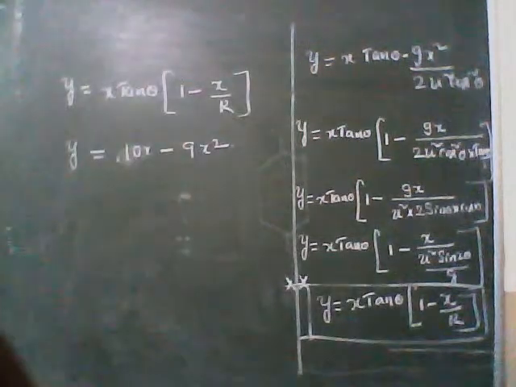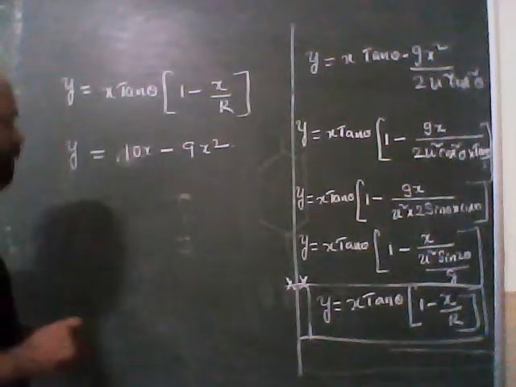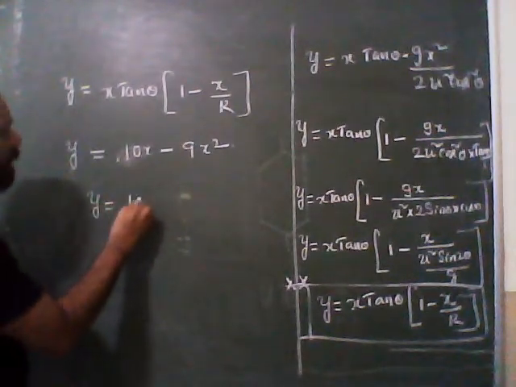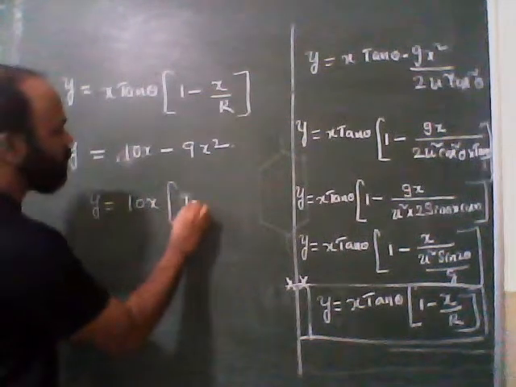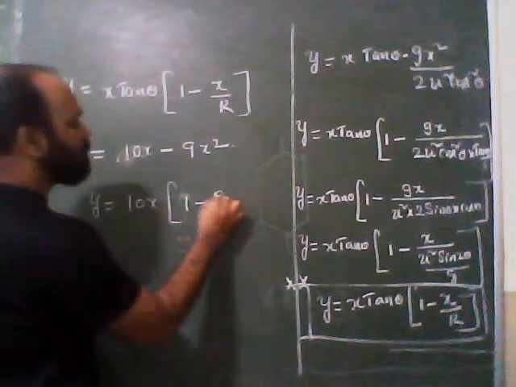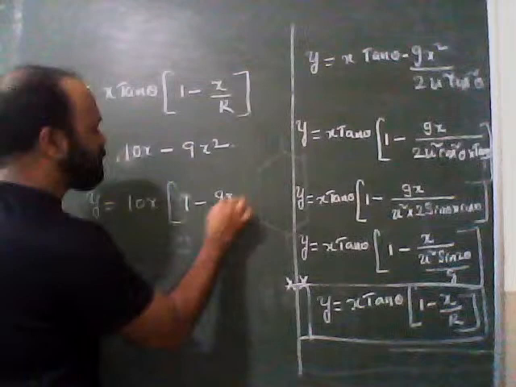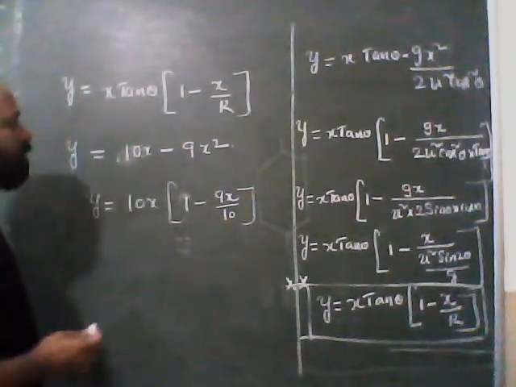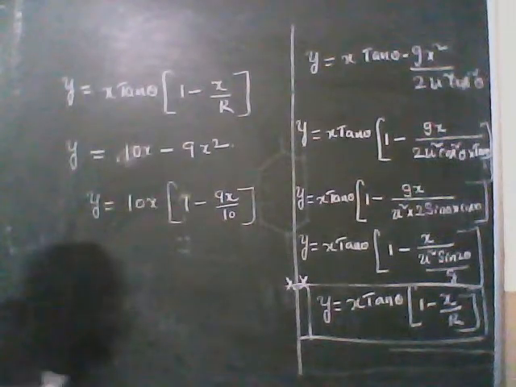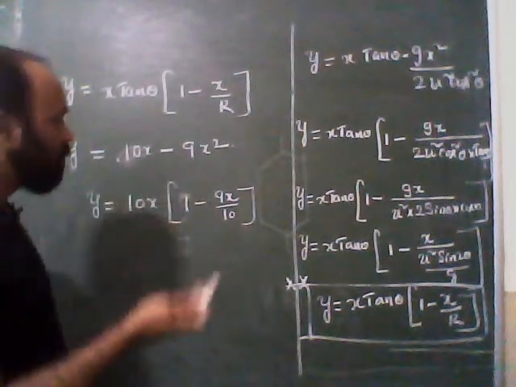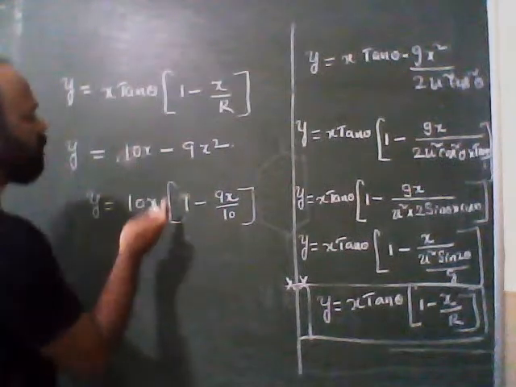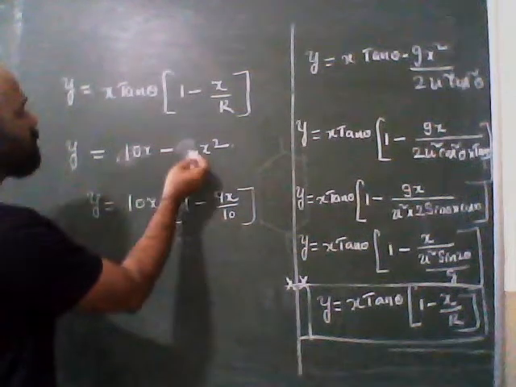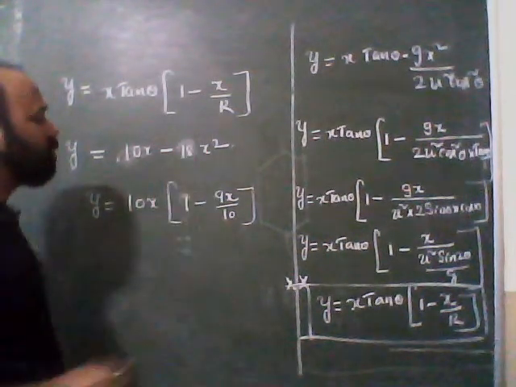So whenever it is given like this, we can write, see, this equation, 10x if you take common, 1 minus 9x by 10 will come. Okay guys, you can take some other number also, no problem. If you take 10x minus 18x square, no problem.